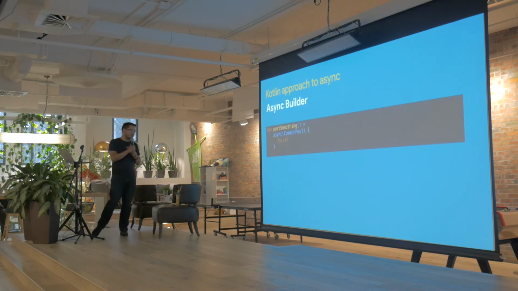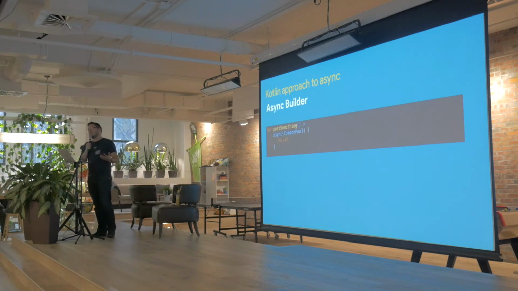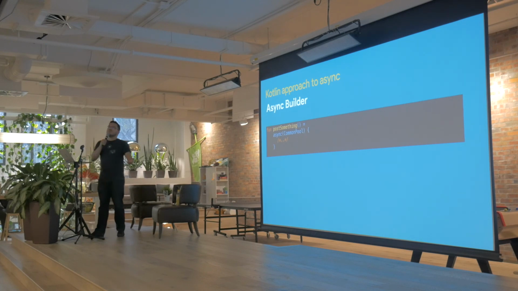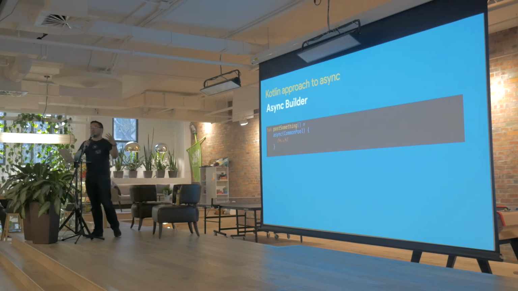Async. If you take a look at coroutines in other languages, has anybody here seen coroutines in other languages? Two. Okay, when you go to C#, you can use async and await, which are modifiers that they have, so you can use coroutines. Kotlin likes to leave the way you want to use coroutines, the implementation of it, up to you.